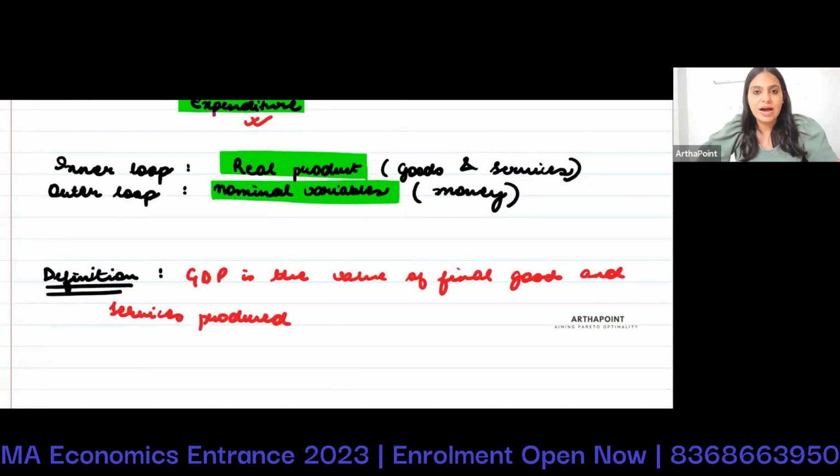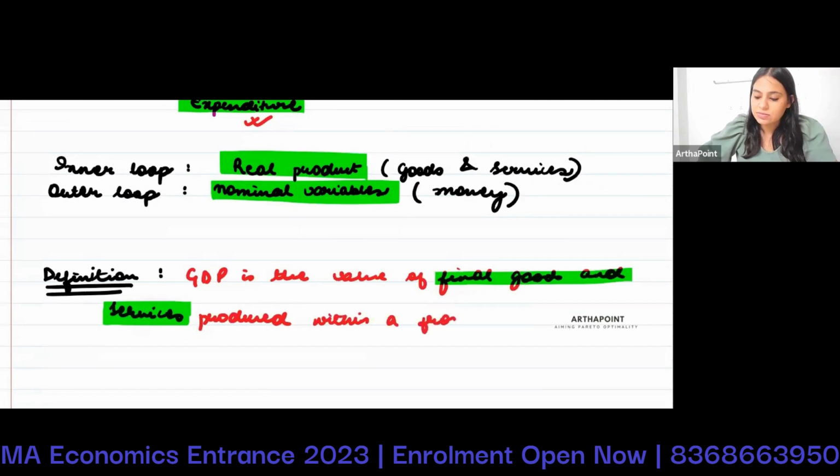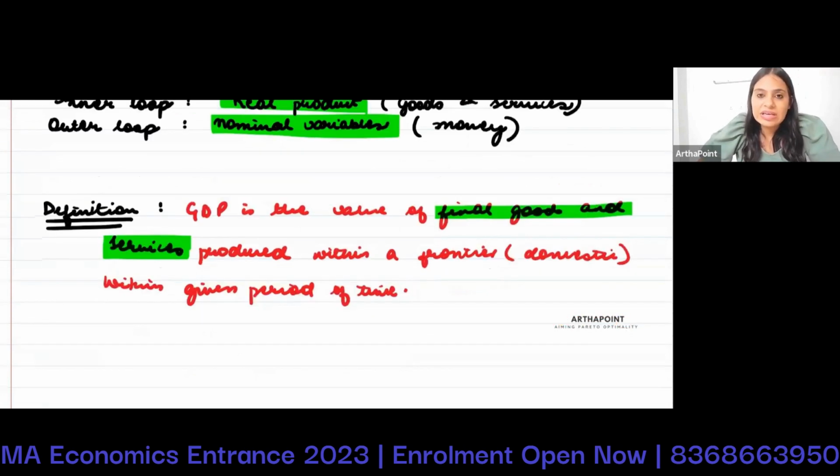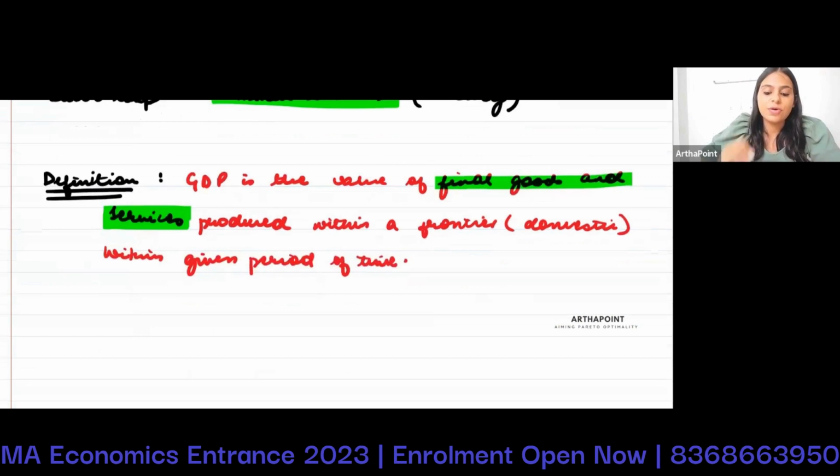So first of all, keep highlighting. I am saying it is final goods and services. We will focus a bit on this. And then it is produced within a frontier. Let's write domestic frontier. Within a given period of time. So the important keywords here are the following.